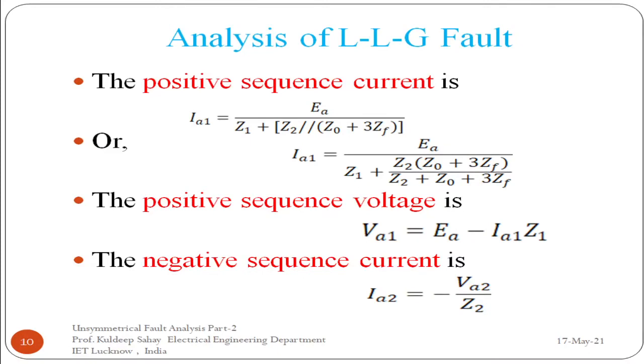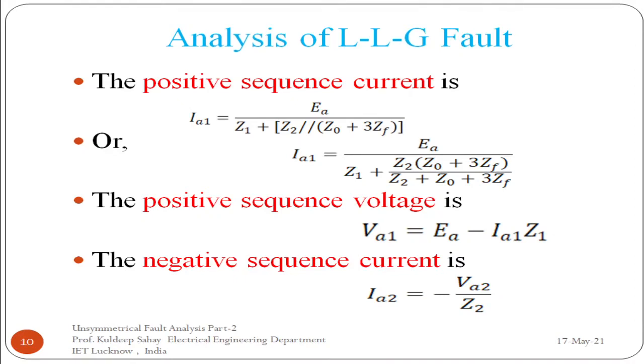Here you see that there is a zero sequence impedance, and the effective impedance is 3 times the fault impedance, but this is parallel. So what would happen compared to the double line fault?